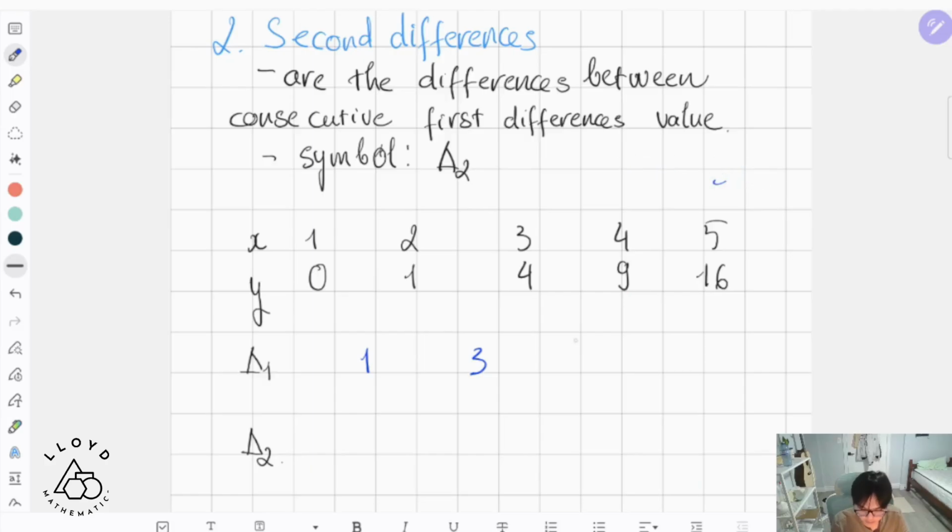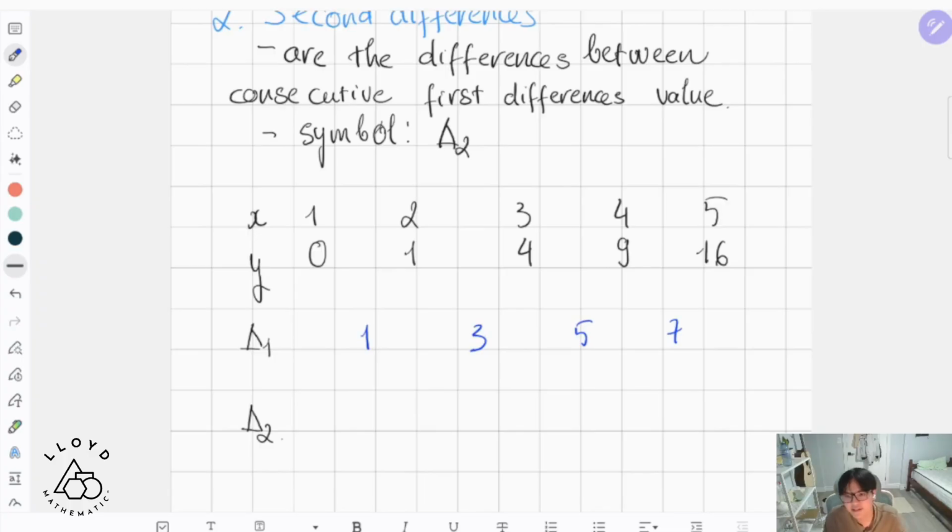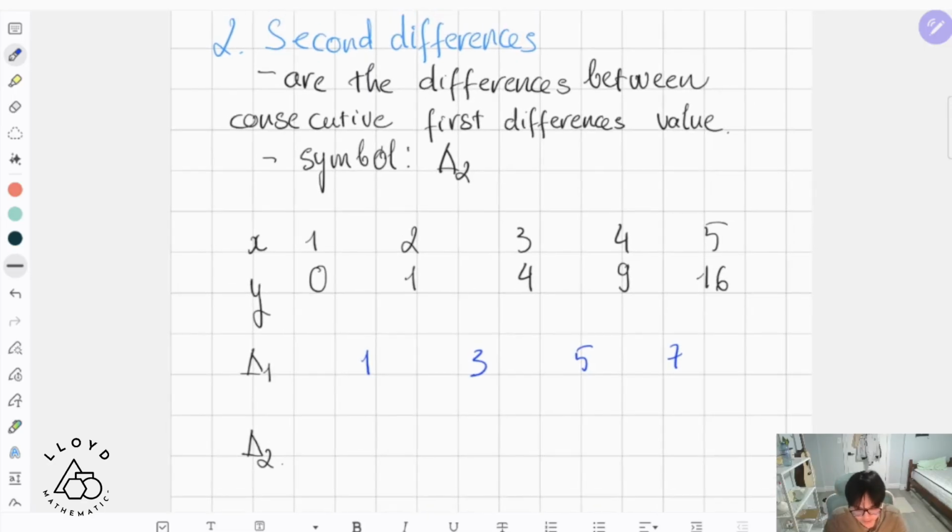All right, so I put 5 here, and here is 16 minus 9, which is equal to 7. So I put 7 here. Okay, and let's calculate the second differences. We calculate the same as what we learned previously for first differences, but we calculate on these values.